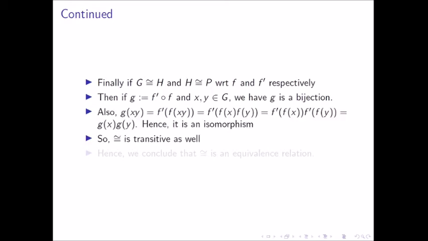Moreover, g(xy) turns out to be g(x) times g(y) by this chain of equalities. Hence, it is a homomorphism and it's a bijection, so it's an isomorphism. Indeed, it turns out that the relation of isomorphism is transitive as well. So it was already reflexive and symmetric, now it's also transitive. Hence, we conclude that our isomorphism relation was indeed an equivalence relation.